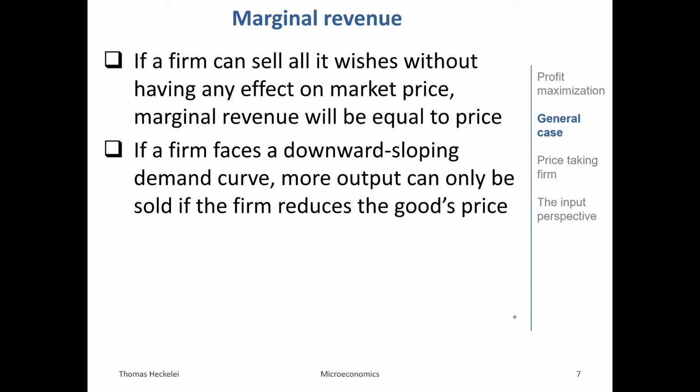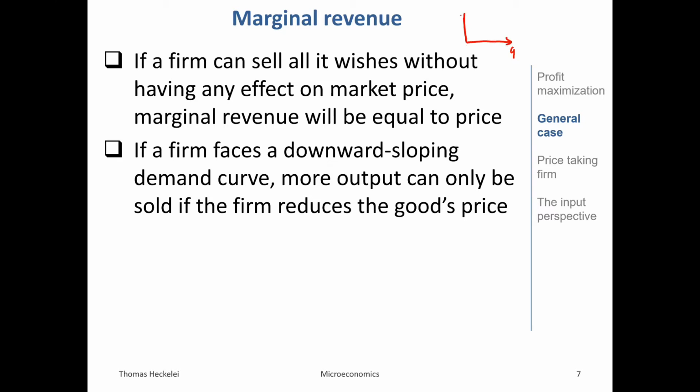Now, on the other hand, if a firm faces a downward sloping demand curve, then more output can only be sold if it's willing to reduce the price of the good that it's selling. What does that mean? So the downward sloping demand curve is like this.